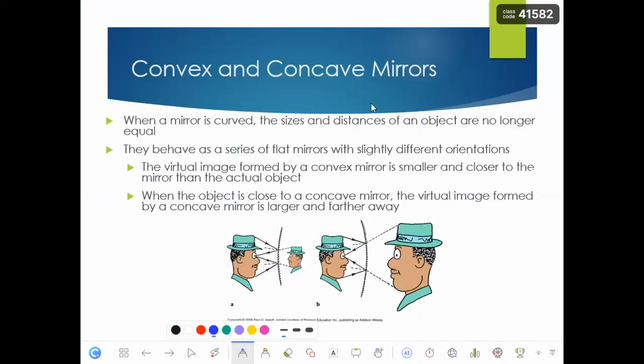In a plane mirror, the size of the image is equal to the size of the object. But in the concave and convex mirrors, the size of the image differs. You see this person is standing in front of the curved mirror, and the size of the image, as you can see, is smaller. But here, this person is standing in front of another curved mirror, and the image appears bigger than the size of the person's face, yes?